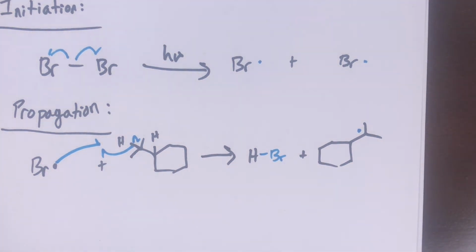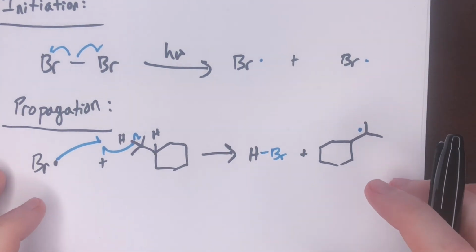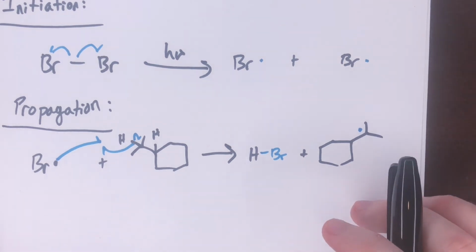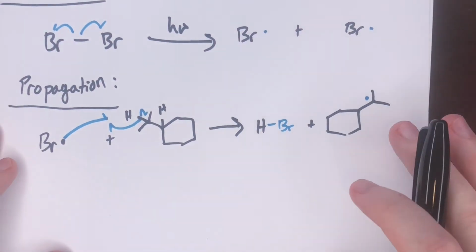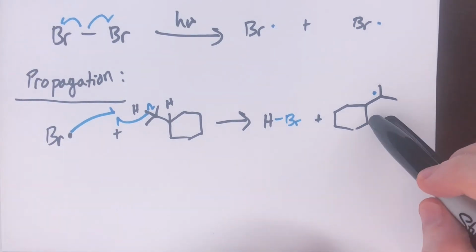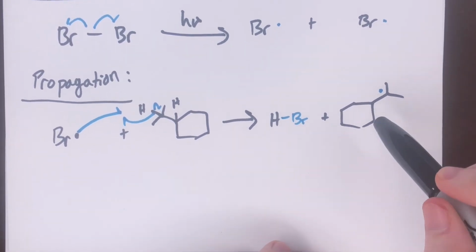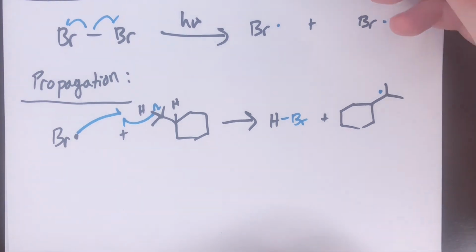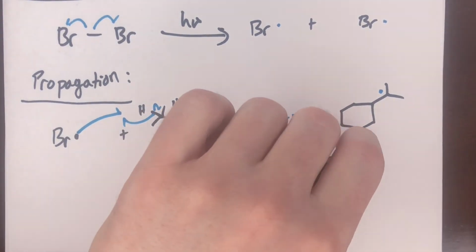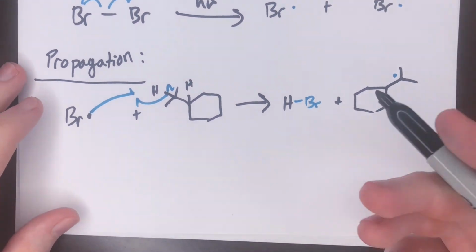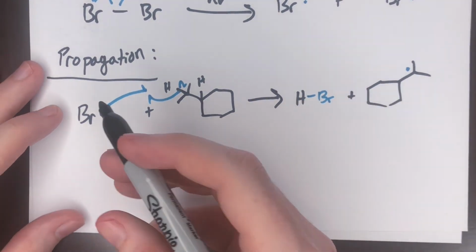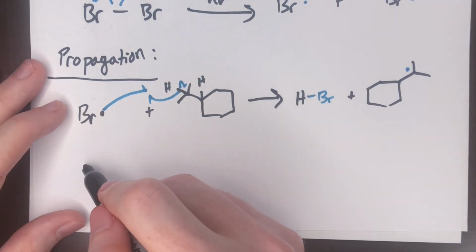So there's no difference there between what I've drawn and what's here. I just simply rotated it or flipped it across the plane like this. So that makes the first propagation step. Then we can use this carbon radical and react it with Br2 to make the product. And since there's no need to draw the termination steps, this will be the major way that we form the product in the propagation step.